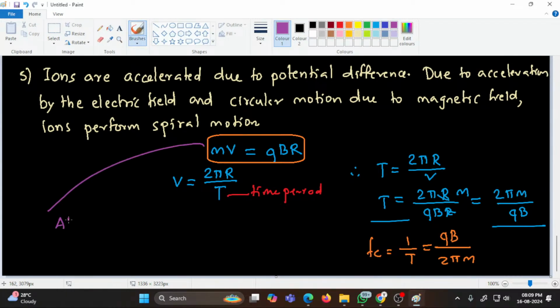At limiting condition, r is equal to r exit, that is the maximum radius at which the particle moves out of the cyclotron. So at that point, velocity at the exit v is given by qB r exit divided by m.